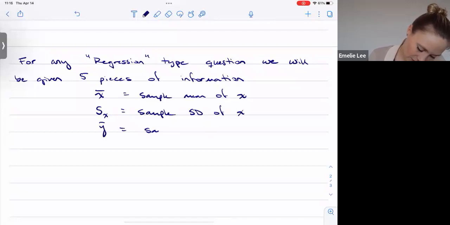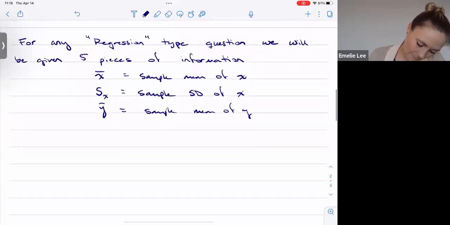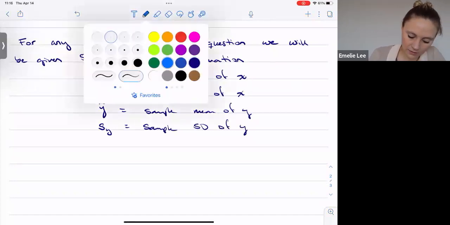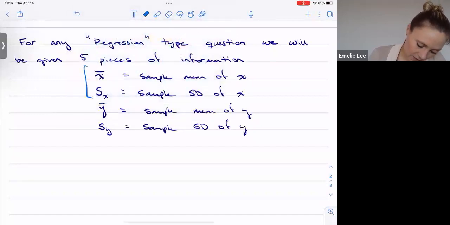Y bar is the sample mean of Y. And SY is the sample standard deviation of Y. Okay, so notice here's some X information. And here's the Y information.